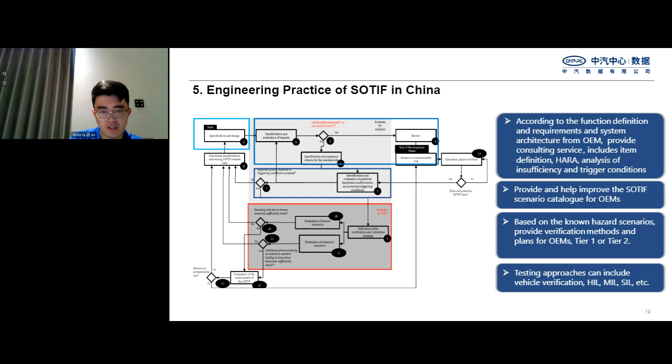And based on what we call known hazard scenarios, we provide different verification approaches to the clients. And these testing approaches can include vehicle verification and hardware in loop or software in loop testing methods, etc.